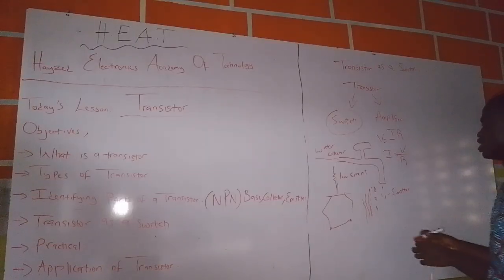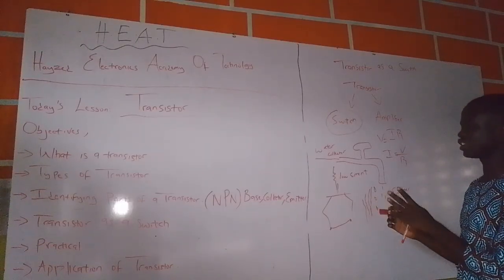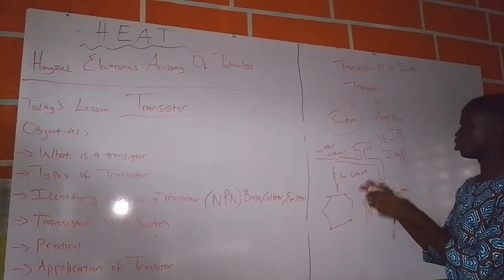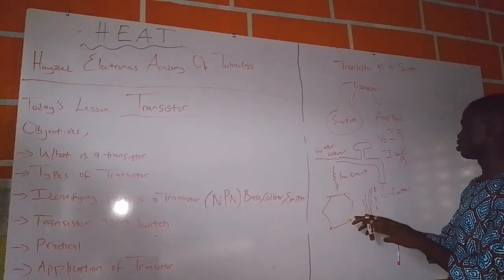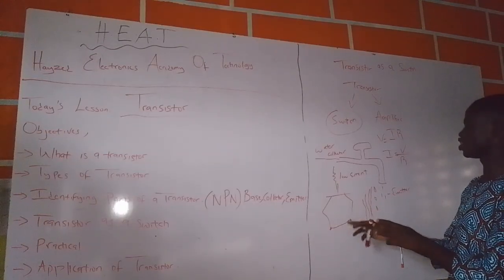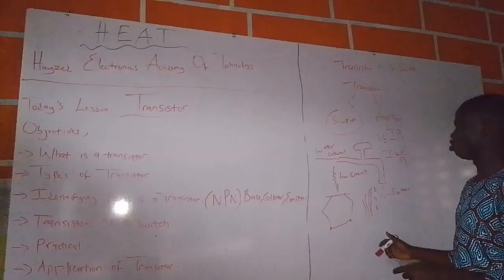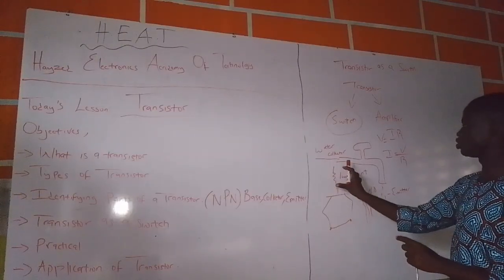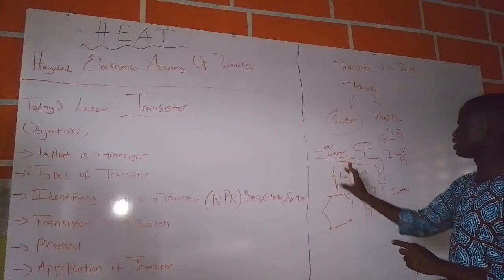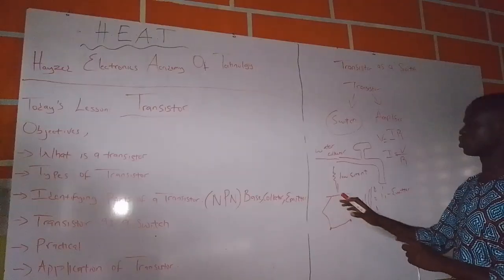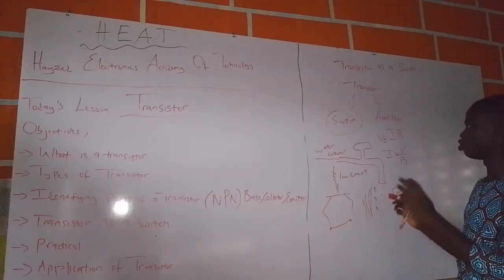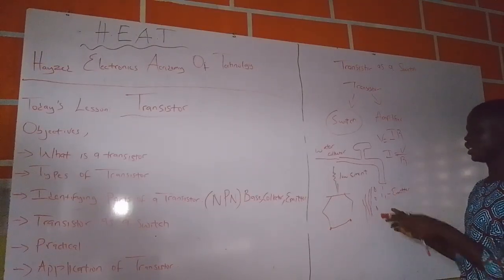The base of a transistor acts as the signal input, while the collector acts sometimes as the output, sometimes as the input, and then the emitter. But to turn on the transistor, the voltage across the base and the emitter must be greater than 0.7 volts, most especially for the NPN transistor.